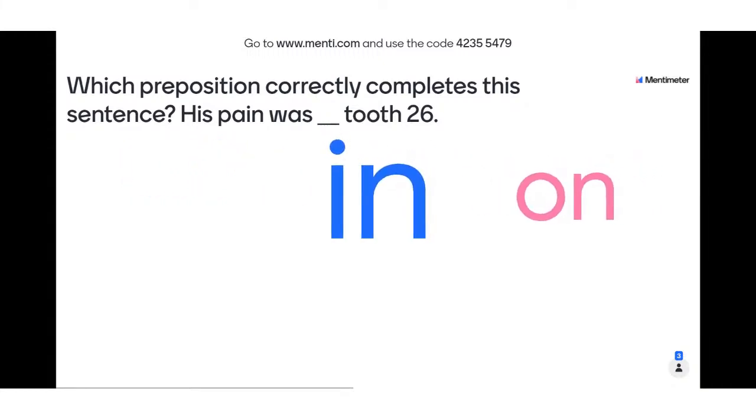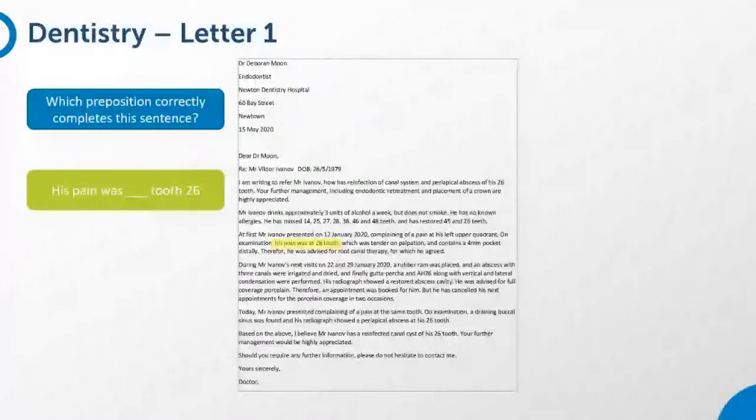All right, 10 more seconds just to see if we get any other responses. Someone else has suggested in the poll. Mohammed saying in the chat as well. Okay, so the correct answer is "in."